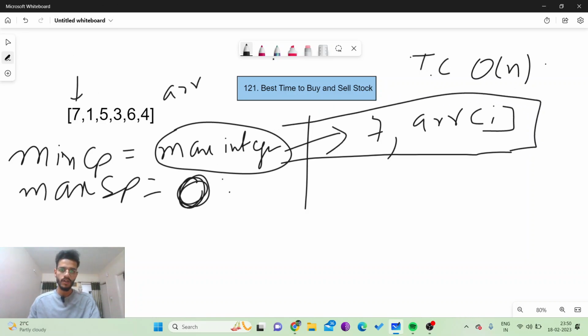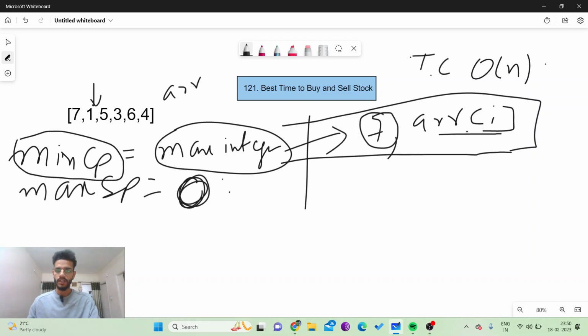As we move forward, we will compare again with arr[i] and whatever the minimum we get, we will store in this min CP. We can do this by Math.min of this.